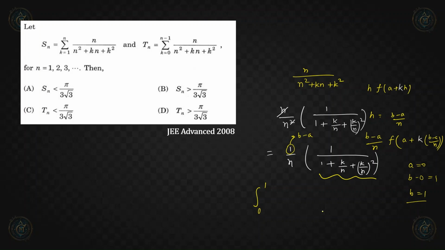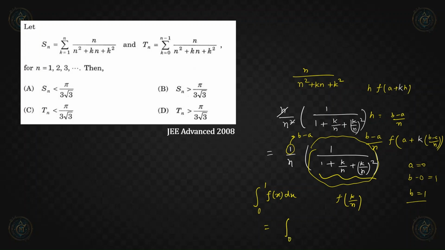Now what will be our f of x? We discussed f is this variable part, so this thing will be simply f of k by n. So we have to replace k by n with x. So this thing will be f of x dx.